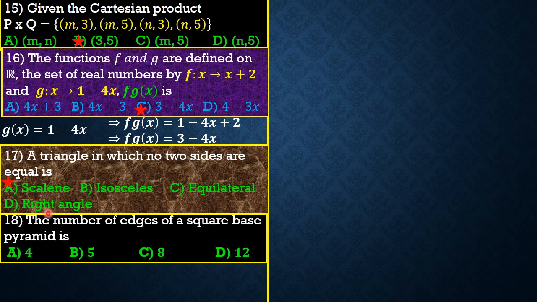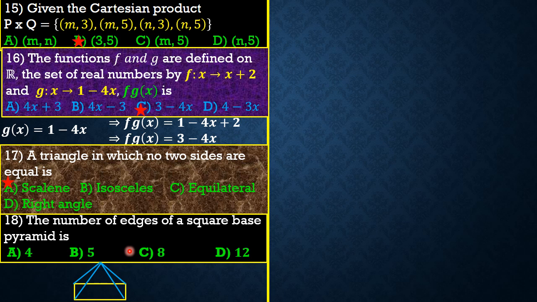Okay. So, guys, question 18 simply reads that the number of edges of a square base pyramid is, okay, so guys, before we can get this question done, let's sketch a square base pyramid and see which of the options here is correct, guys. Okay, this is how it looks. First of all, I'll simply try to sketch the two-dimensional view. So that's the structure of a square base pyramid, guys.